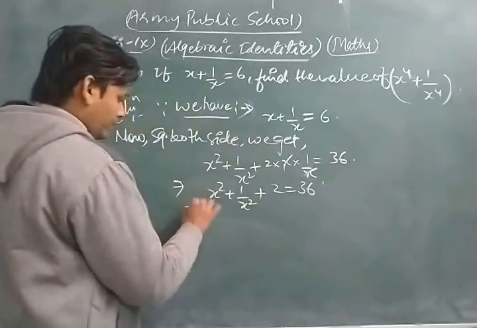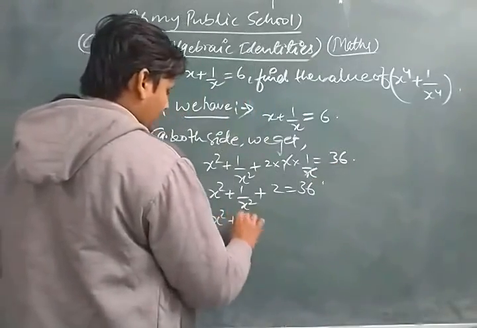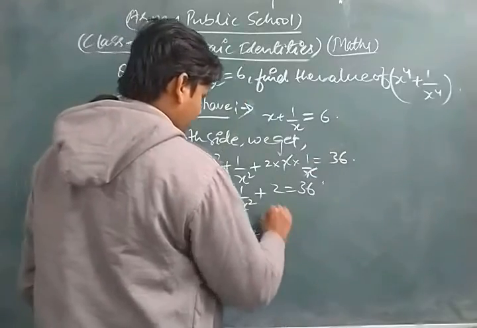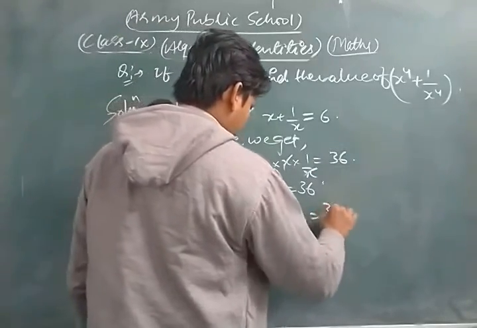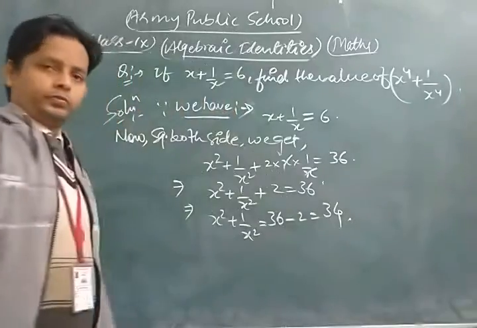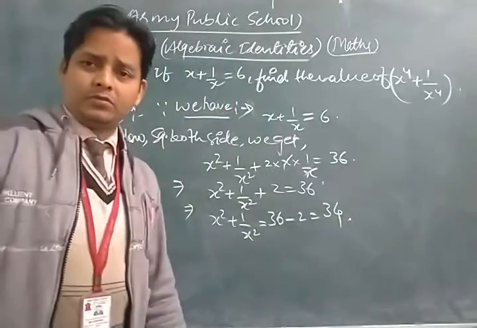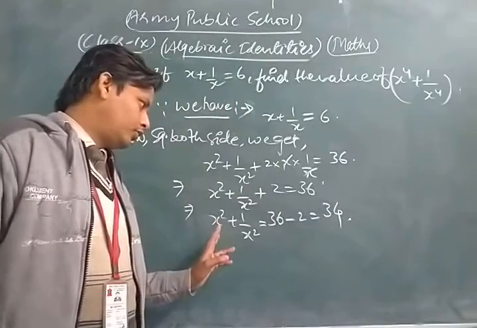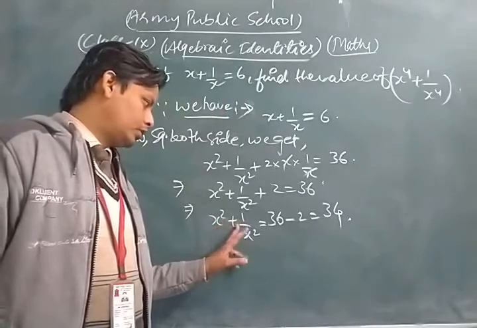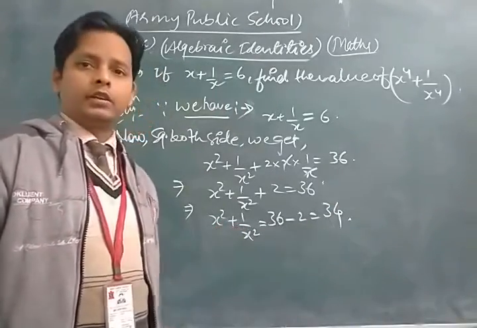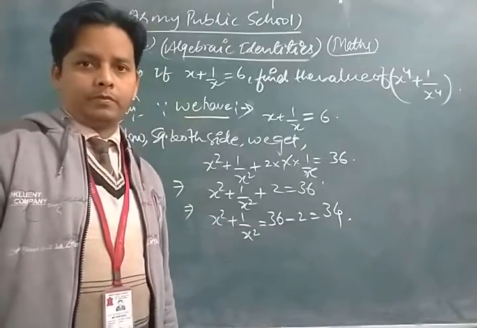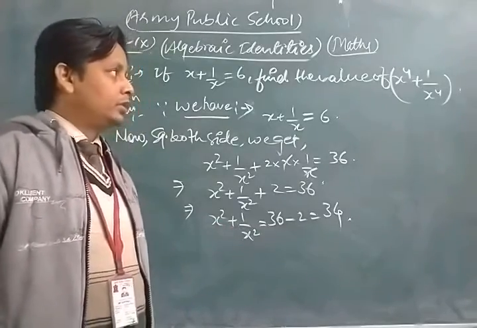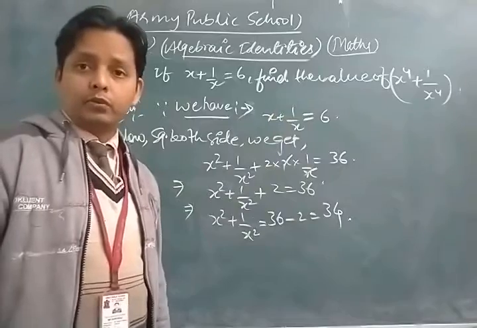Now we have x square plus 1 upon x square is equal to 36 minus 2, that is 34. So in this way, the value of x square plus 1 upon x square is equal to 34.